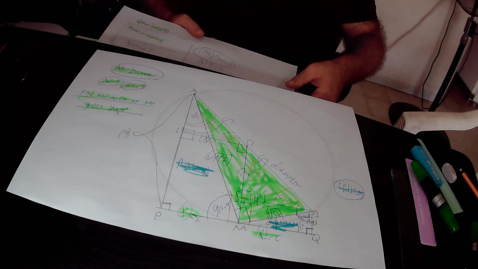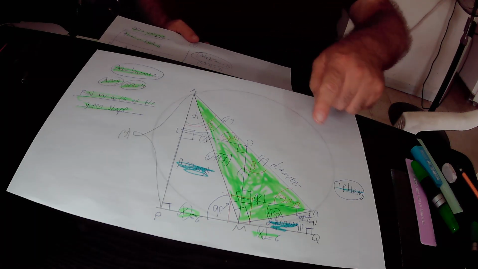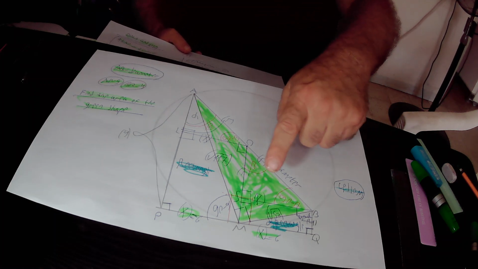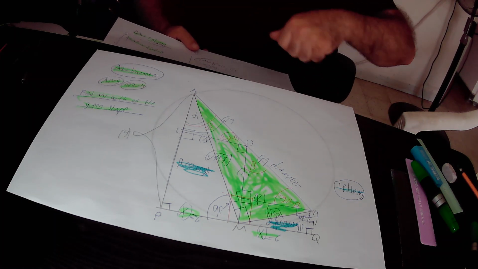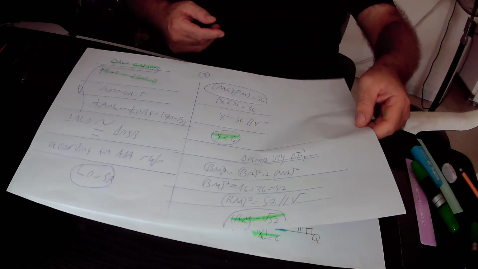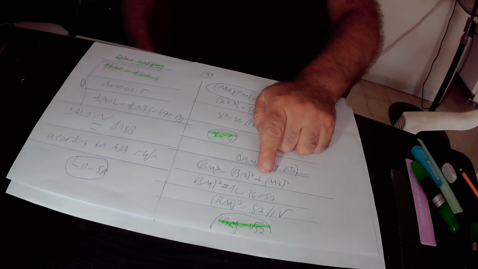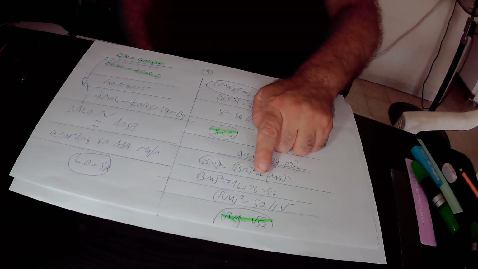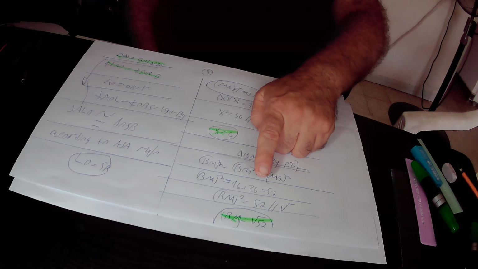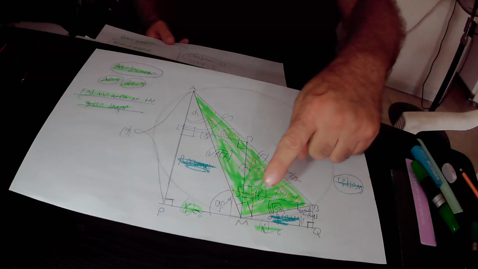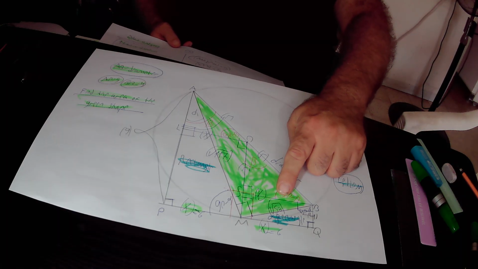BQ is 4, therefore BQ squared is 16. MQ is 6, therefore MQ squared is 36. So BM squared equals 16 plus 36, that is 52. Here we took the square root and found out that BM equals the square root of 52 units in length.